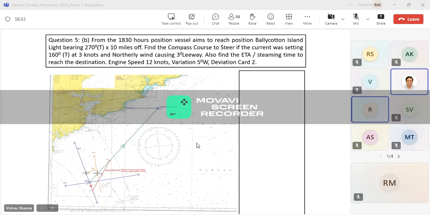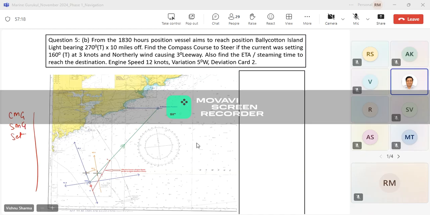Thank you. So in the previous question, you had different elements. Here the distance made good or the speed made good was not known. Therefore, we had to use only CMG, and the combination switched. In the previous question, the combination available was CMG, and SMG was known to you because you knew the duration.